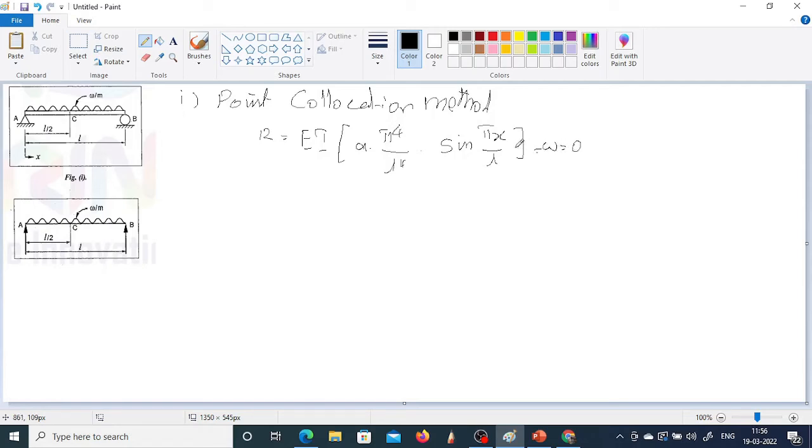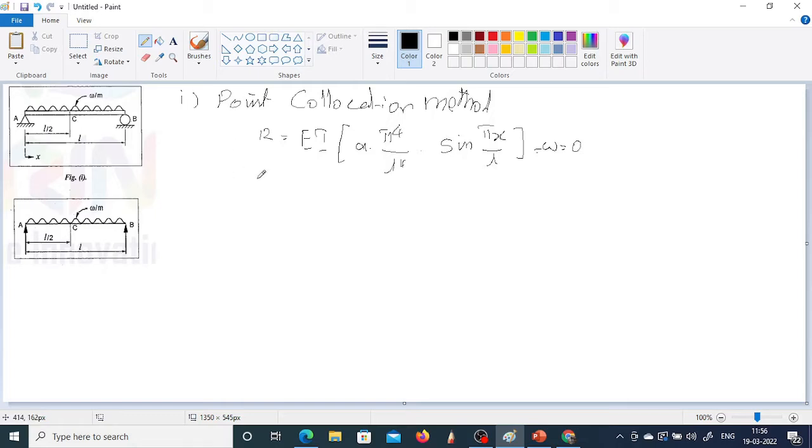So now, to get the deflection at a point x equal to L by 2, because in our problem the maximum deflection occurs at the center of the beam. The center of the beam has the distance of L by 2.